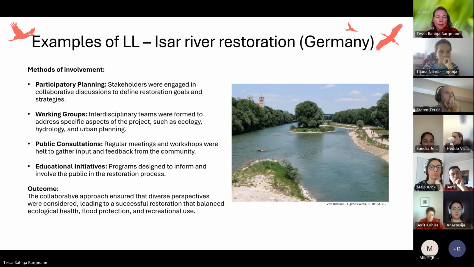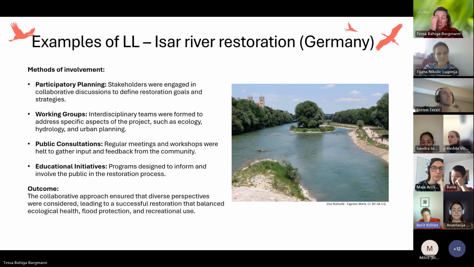And public consultations through regular meetings and workshops, where they tried to gather input and feedback from the community. And also you see here they used educational initiatives with programs designed to inform and involve the public in the restoration process.